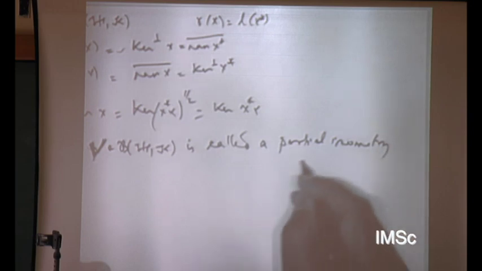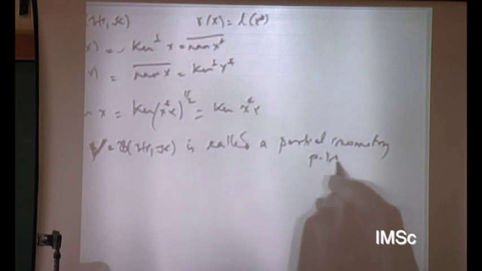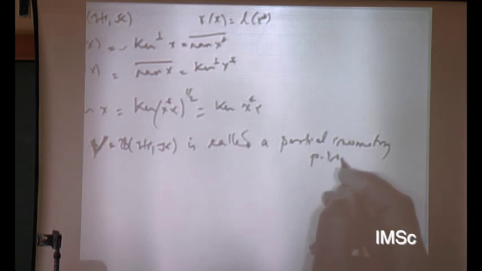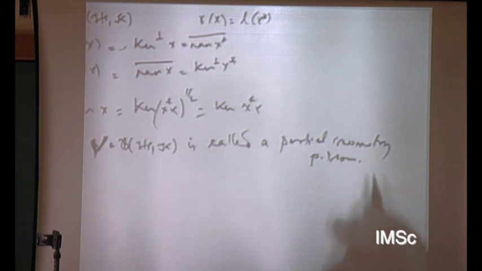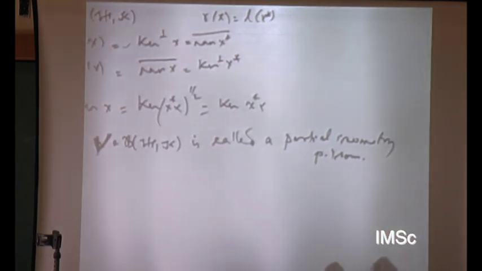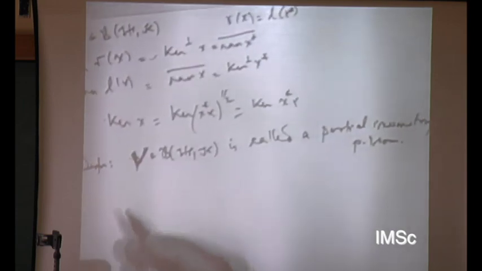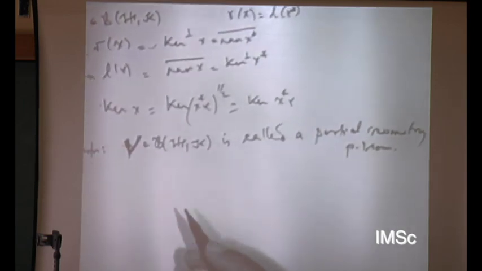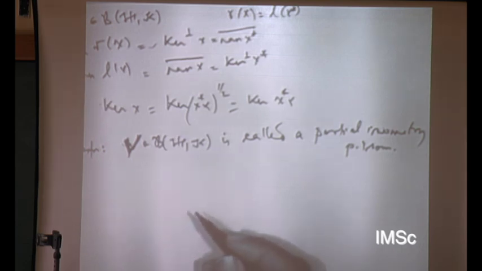I will use abbreviations like PISOM or PIS as the case may be. If it is a partial isometry, that means there is an isometry on a part. So what does that mean? See, you know that an isometry can never have a kernel, right? Because it is norm preserving.